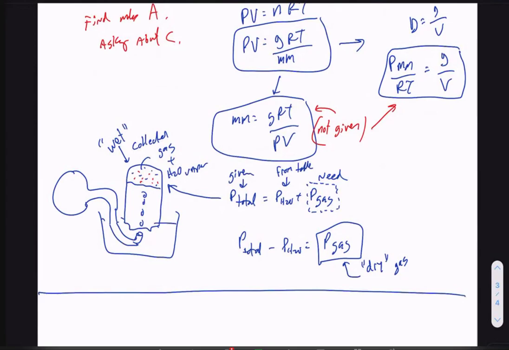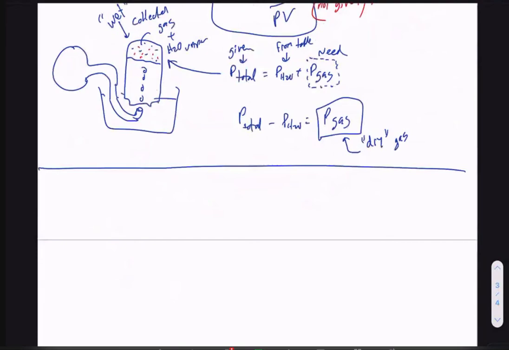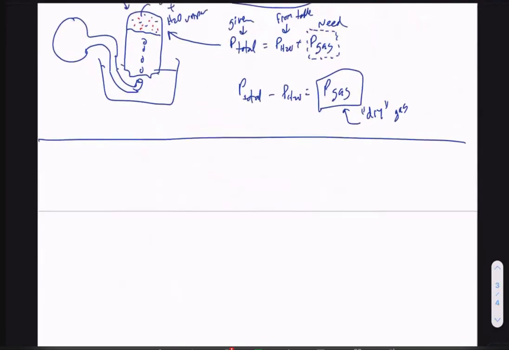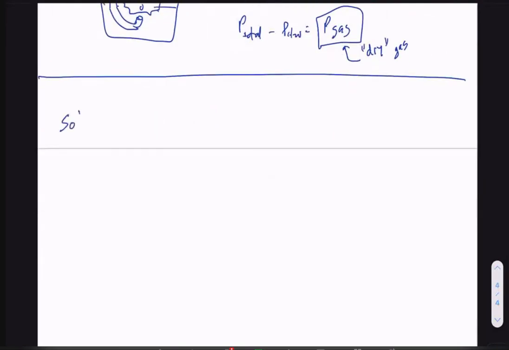Next up, we talked about solutions. So with solutions, we talked about what is a solution. A solution consists of two parts, solvent and solute.